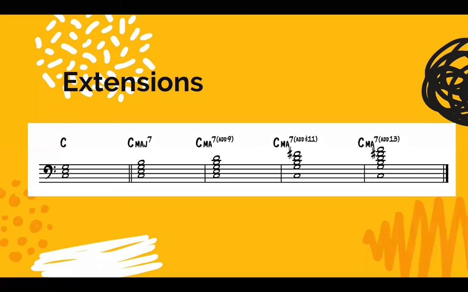And the nice thing about extensions is you can continue to add up. You can go to ninths, you can go to the 11th. I add a sharp 11 because I don't really love the sound of a plain old F against the E, so I kind of make it an F sharp, so it's got a little bit of that modal sound, and with the A, you can really kind of jazz up just a simple harmony.